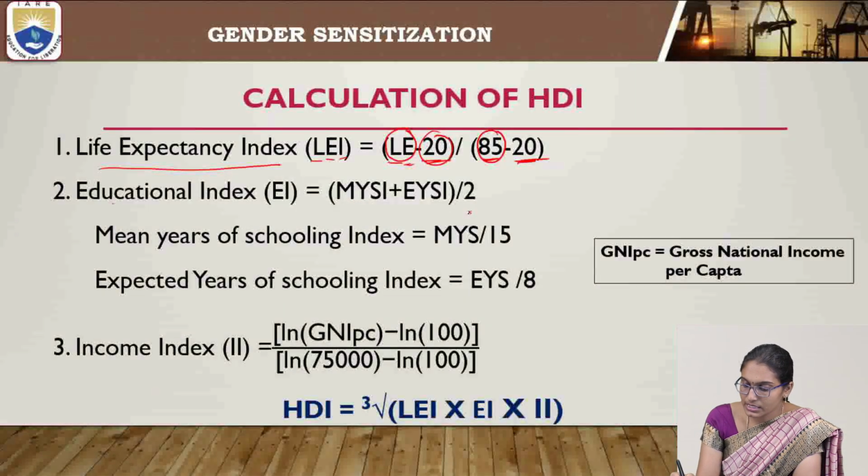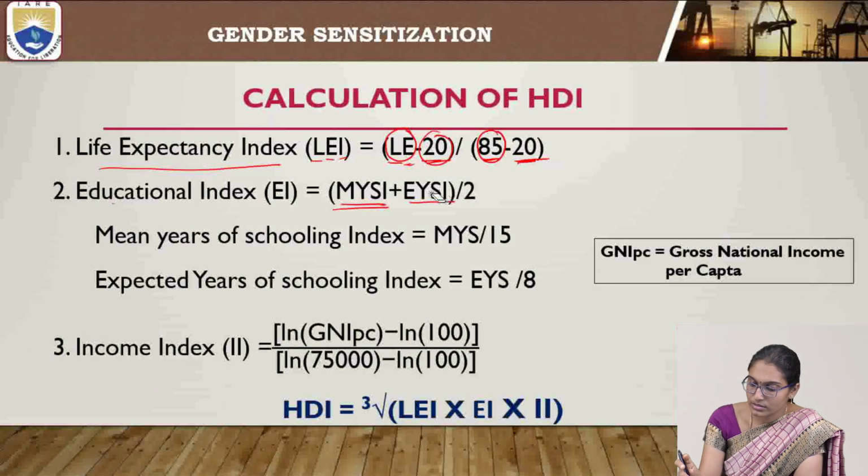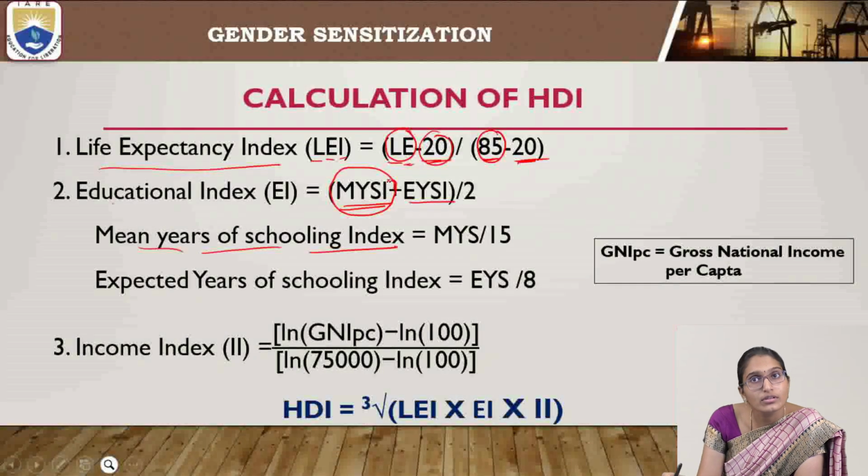The educational index gives the number of adults who are able to read and write, and the number of children, mean years of school. So this MYSI is the mean year of schooling index. So this is what? The number of children who are going to school.